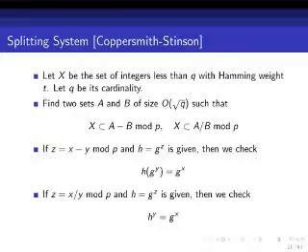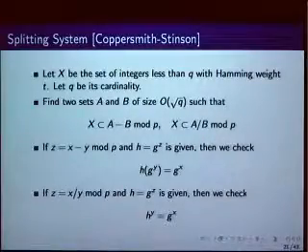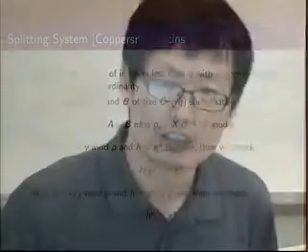Let X be the set of integers less than Q with Hamming weight T. Oh, sorry, it should be order P. And the question is, find two sets A and B of size square root Q, such that X is covered by A minus B, modulo P operations, or A over B. Then, if an element of X is represented as a difference of x and y, and then when H is given, we check H.